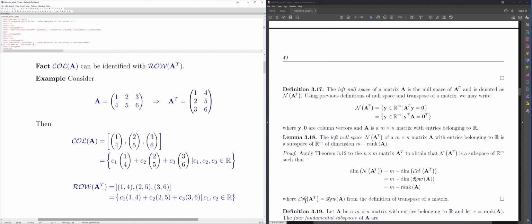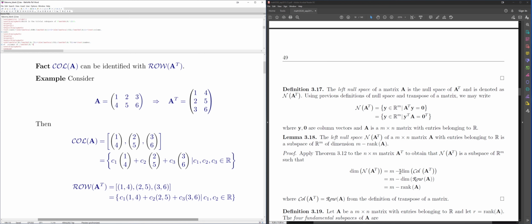But they are isomorphic, essentially the same thing. Once you convert the column vectors here, you'd get row vectors, and then you'd actually have true equality. So column space of A transpose you can identify with row space of A, and certainly the dimensions will be the same.